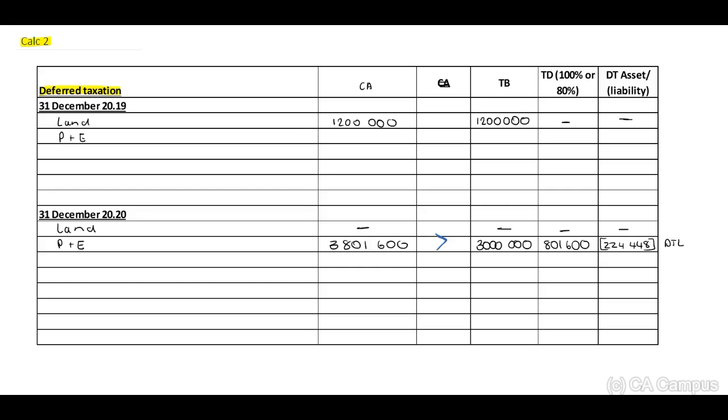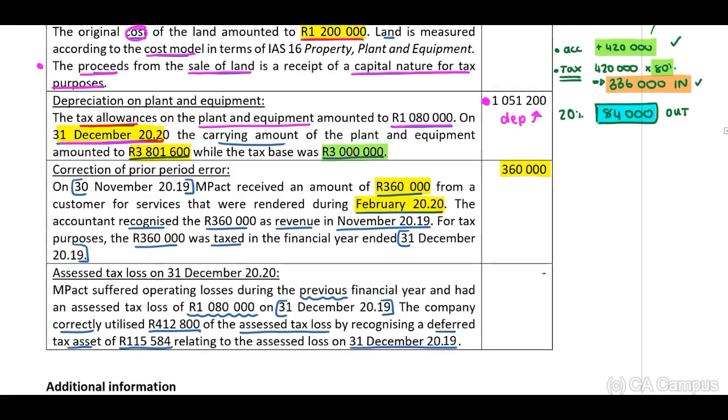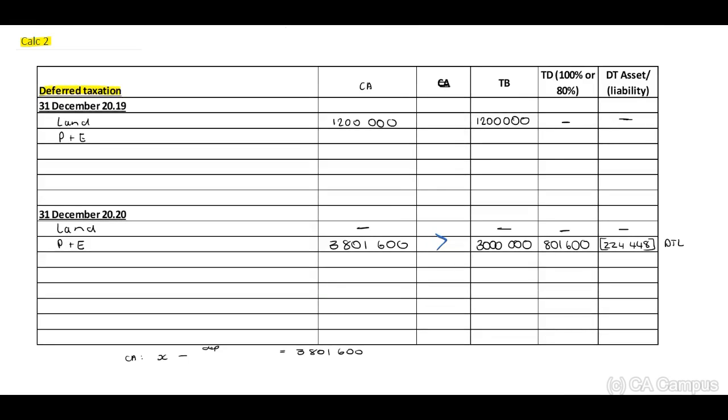Okay, so when we look at this, we need to determine what is X. Let's say this is the carrying amount minus our depreciation, and we know that the closing amount will be 3,801,600. They've indicated to us in the scenario that our depreciation is 105,200. Therefore, we are able to identify, to calculate the carrying amount.